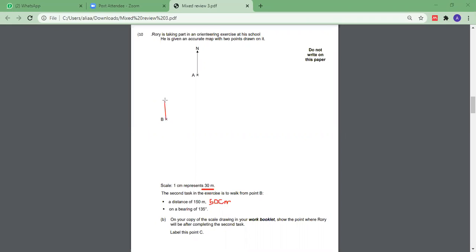This is the first step I'm going to do because he said that the bearing is from B. So north is here. And then I'm going to measure the angle 135. I guess it will be like this.